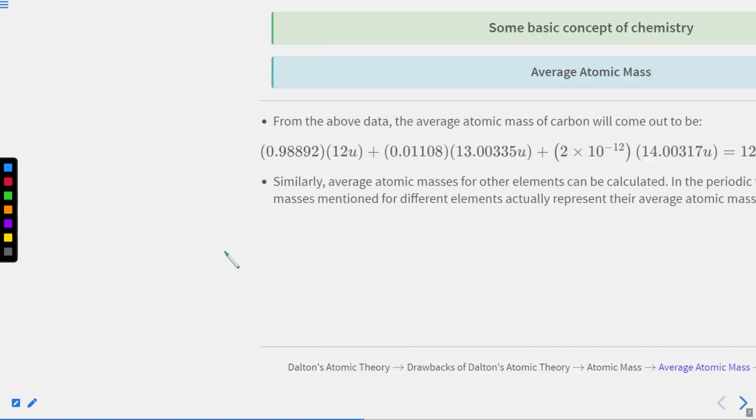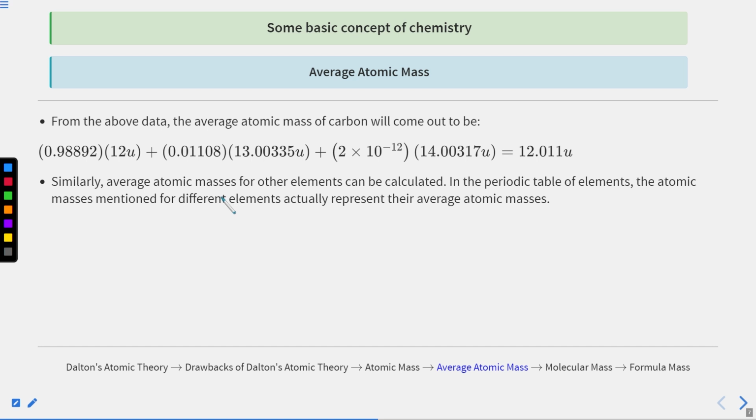We have taken their relative abundance, that is the percentage, its total contribution, and the atomic mass of each of these. Further, we have taken the relative fraction rather than the percentage. We divided 98 by 100 and got this, and multiplied it with the atomic mass. Similarly, we did the same for the second isotope and for the third isotope. Then we added all of this to get this.